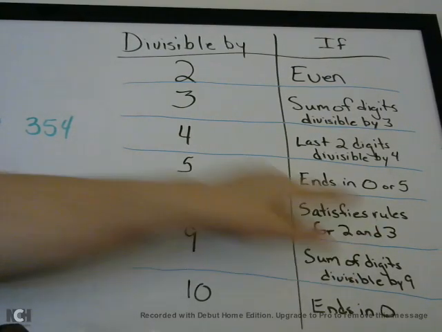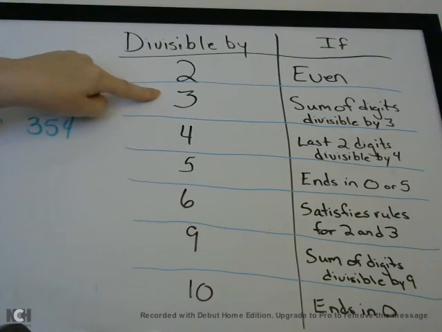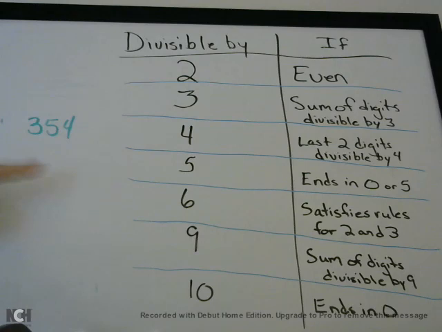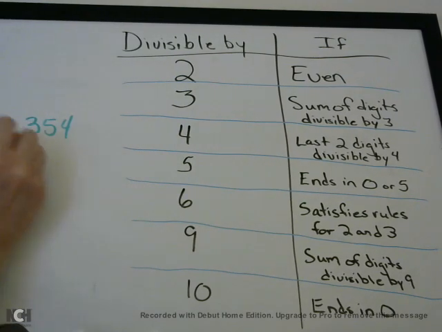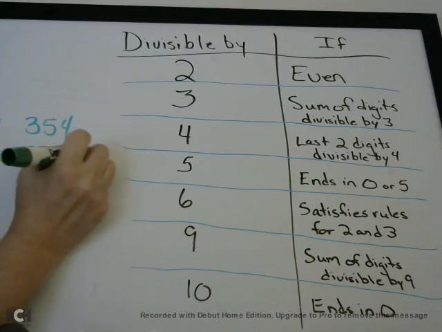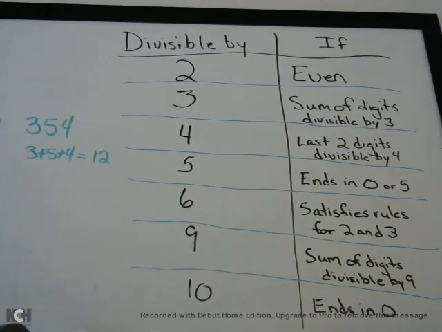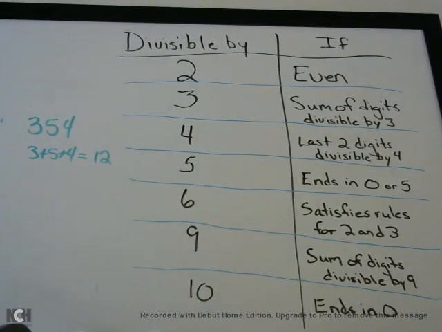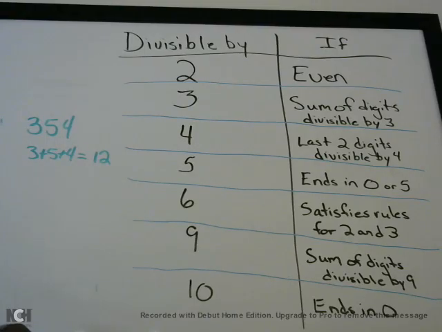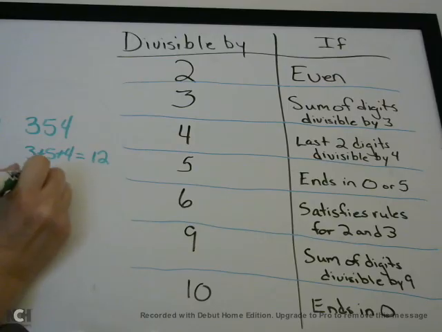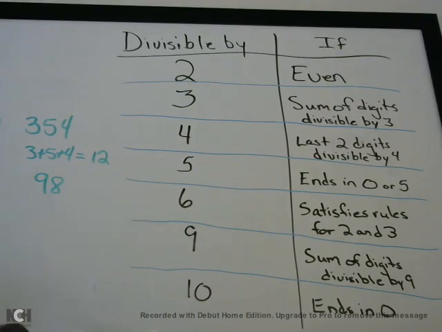But then it also has to satisfy the rule for 3, which means the sum of the digits is divisible by 3. So if we add the digits, 3 plus 5 plus 4, you get 12. And that is divisible by 3 because we know 12 divided by 3 is 4. How about 98?